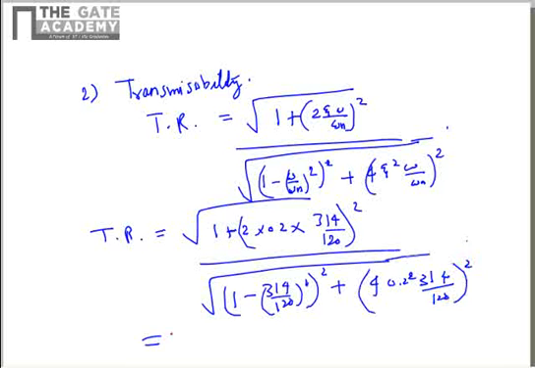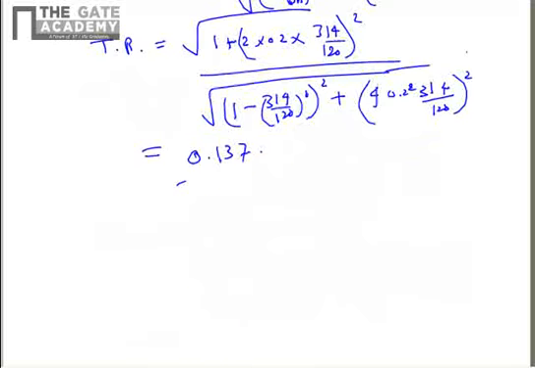If you substitute these values and calculate, you will get a value of 0.137, the transmissibility ratio. And third part, they're asking us for the transmitted force.